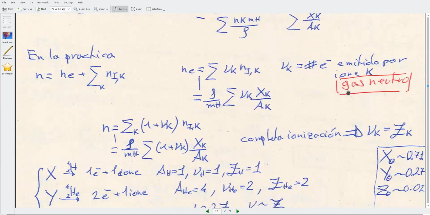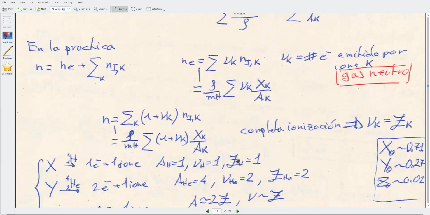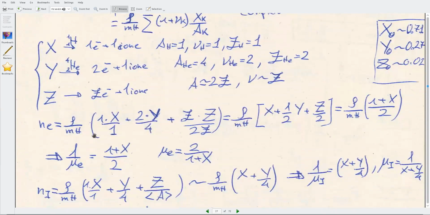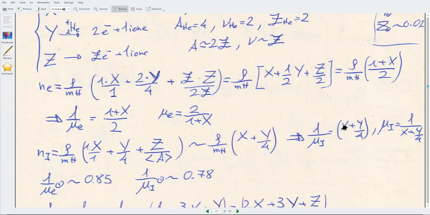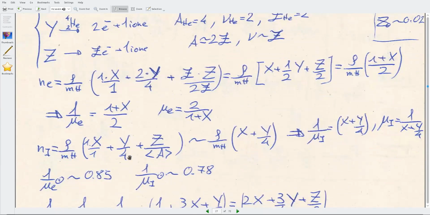Then in practice, considering the ionization, if you have complete ionization, we can have the relation for the molecular mass of the electrons, and the molecular mass for the ions, with the total, which is the sum.